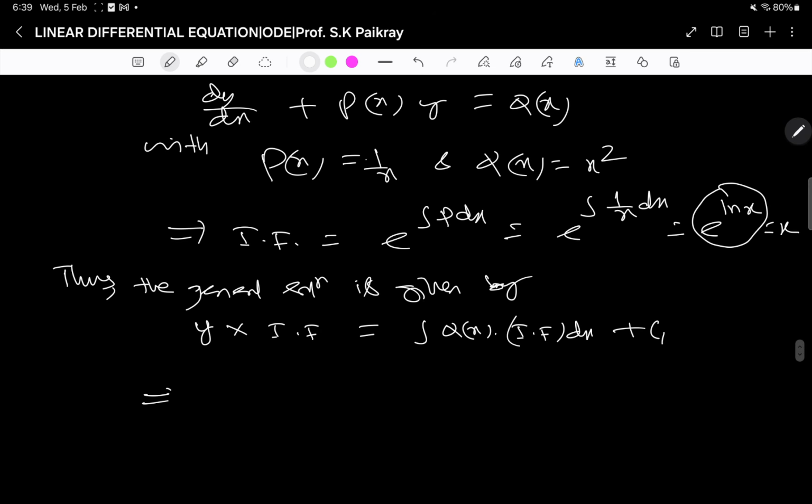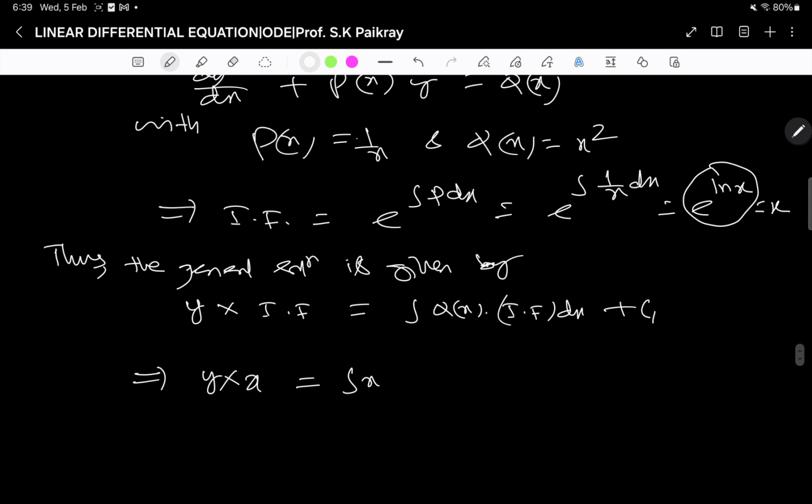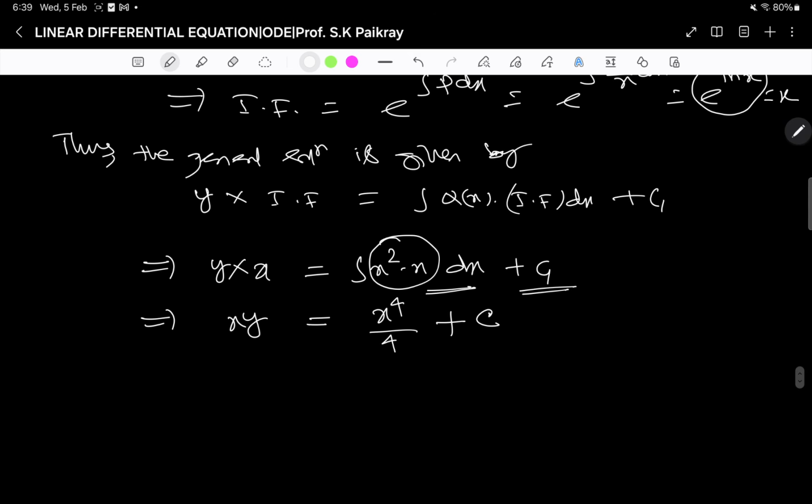That means y into x is equal to integral of x square into x dx plus c1. So xy is equal to x fourth by 4, plus an integral constant and a constant, which we combine to get c. So this is your answer.